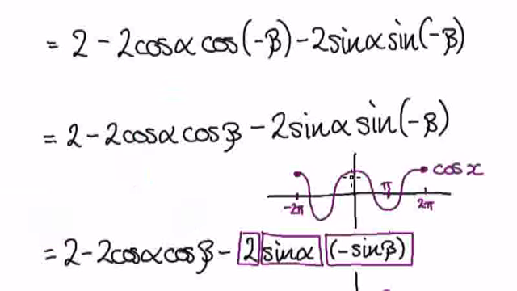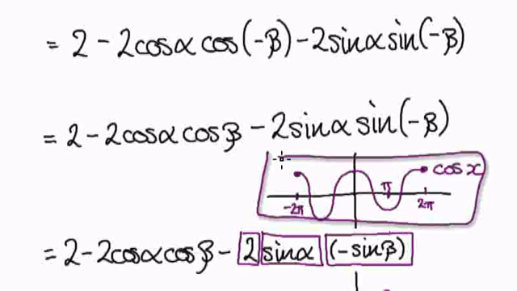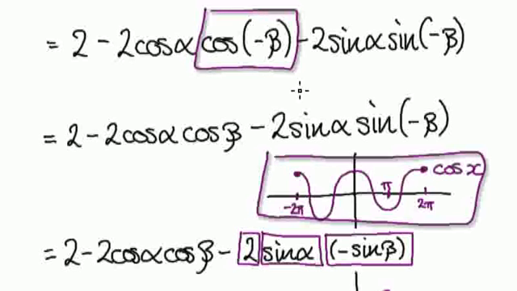Looking at this cos function here, it is an even function. So when you've got cos of minus an angle, you can just ignore the minus and do cos of beta. It looks neater and it's a lot tidier.